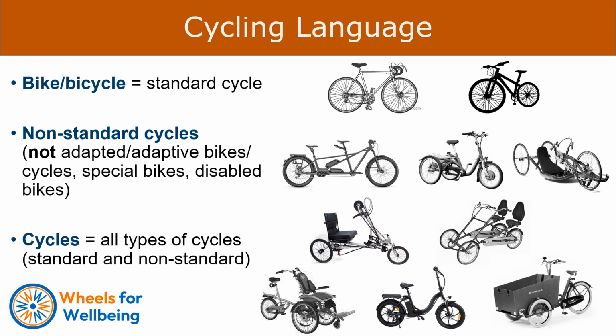That can be very simple things such as just raising or lowering the height of the saddle, or it might be something a bit more complicated like adding e-assist to the gear changes, wiring both brakes to one lever on one side, or changing the pedals perhaps. So that is what adaptations mean. It doesn't mean that it's just a different configuration to a bicycle.